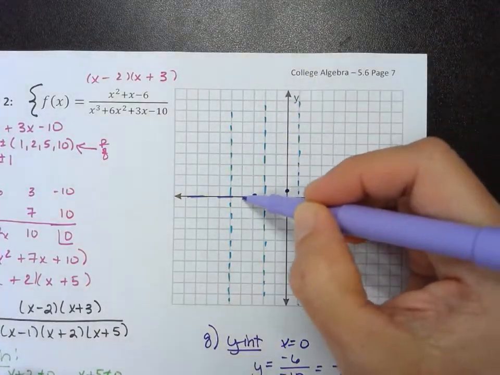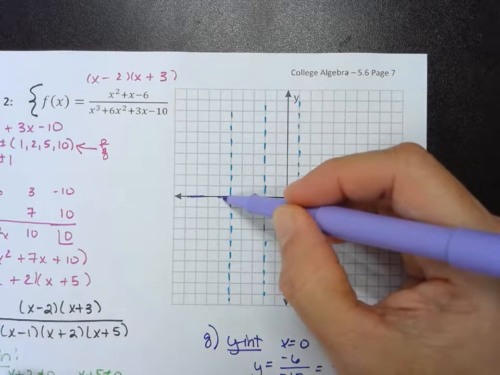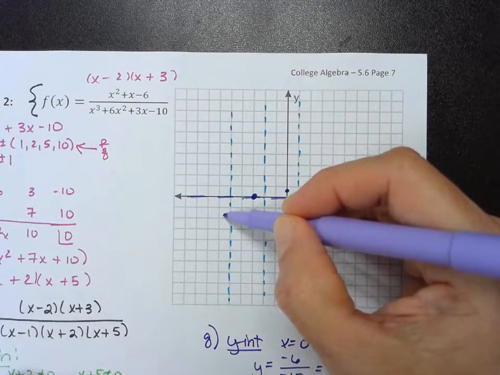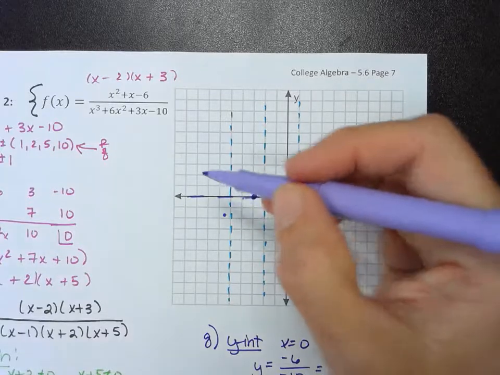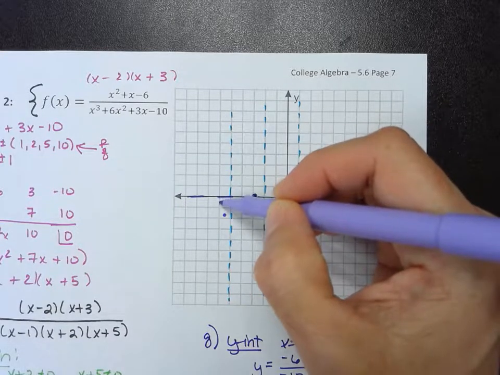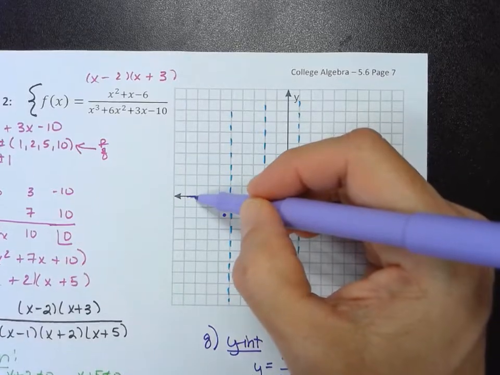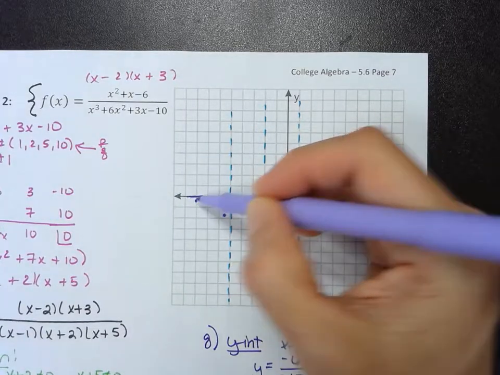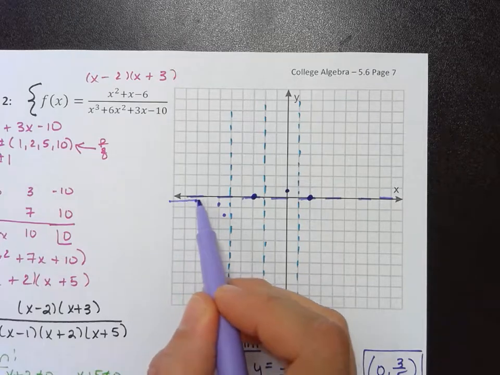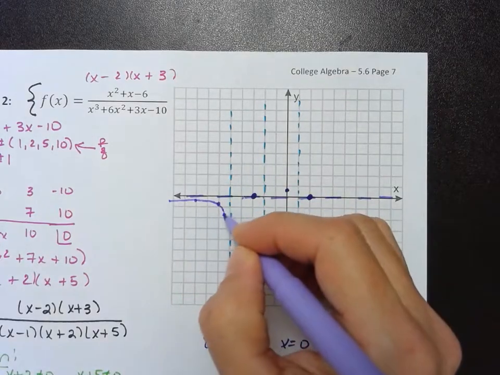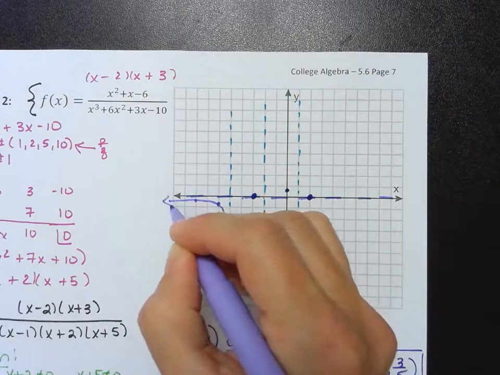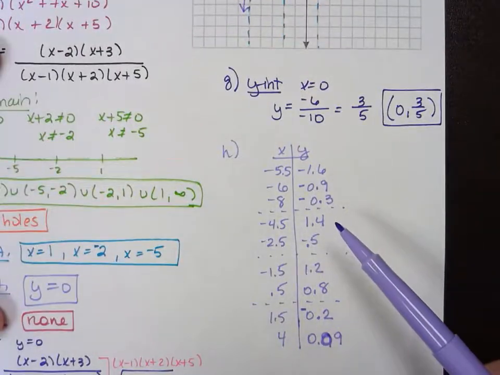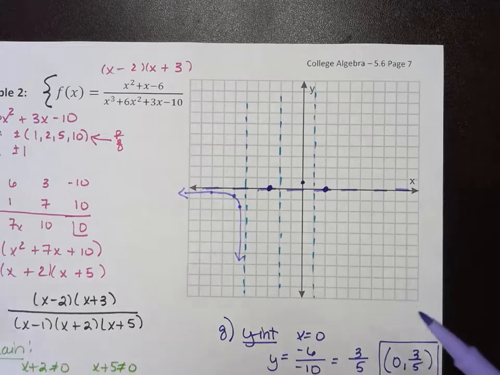1, 2, 3, 4, 5.5, 1.6, -6, -0.9, 6, 7, 8, -0.3. So this one looks something like this. Anytime you want to be even more exact, just put more values in your table so that you get more points on your graph.